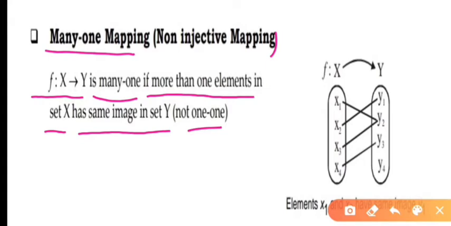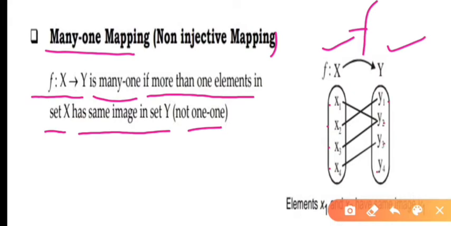See in the figure, set X and set Y under the function f. It shows a many-one function here. Set X consists of x1, x2, x3, x4. Set Y consists of y1, y2, y3, y4.